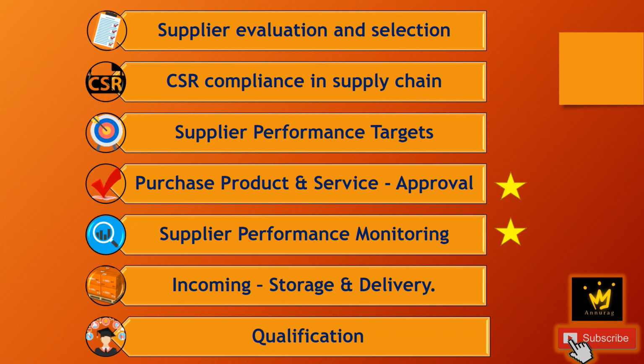The fifth is supplier performance monitoring. The sixth is incoming, storage and delivery of the material. And the last is the qualification. You can see how beautifully the requirements have flowed, linking each and every aspect of supplier management. Right, let's understand the requirements in detail now.